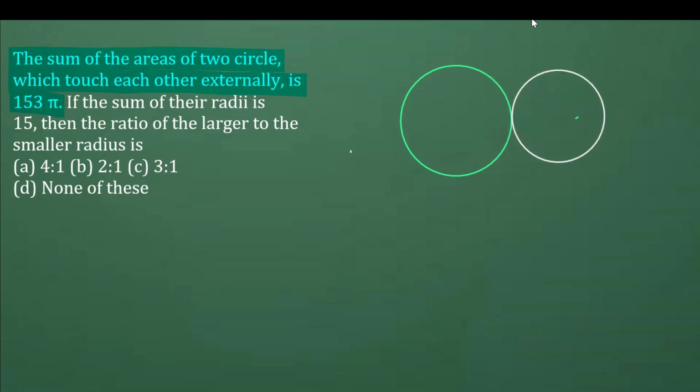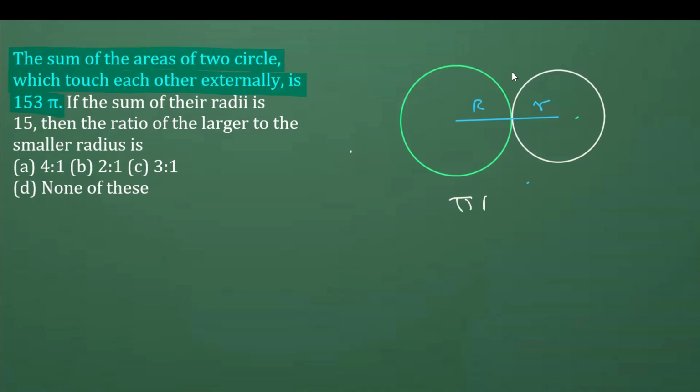Now further, their area is given, so I should draw their radii. I indicate capital R as the bigger one and small r for the small circle.